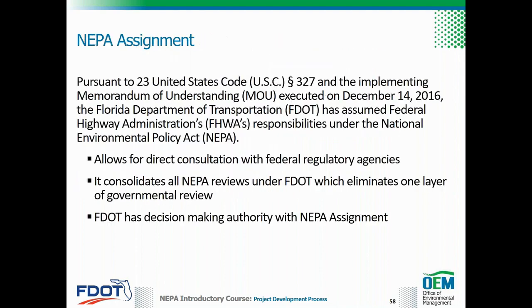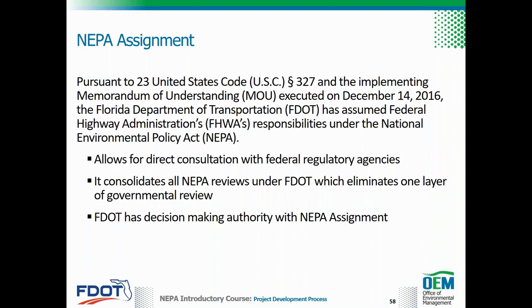Under the NEPA assignment program, FHWA assigned and FDOT assumed environmental review responsibilities for projects. Therefore, FDOT is the lead agency for highway projects with approval authority resting in the Office of Environmental Management. This applies to highway projects whose source of federal funding comes from FHWA or which constitute a federal action through FHWA.